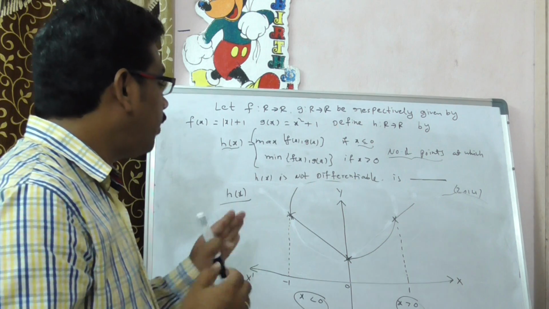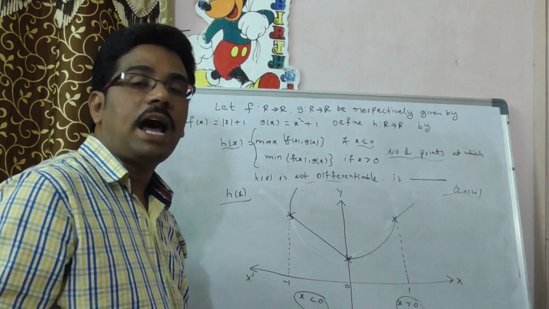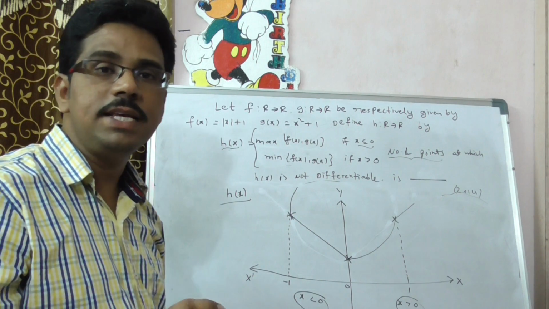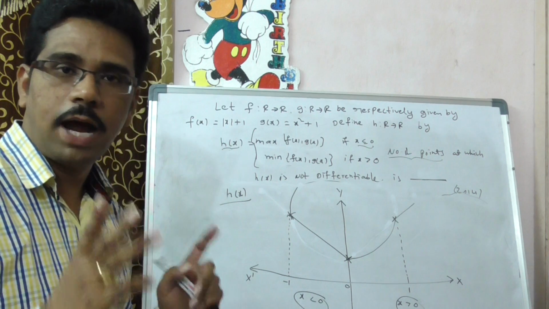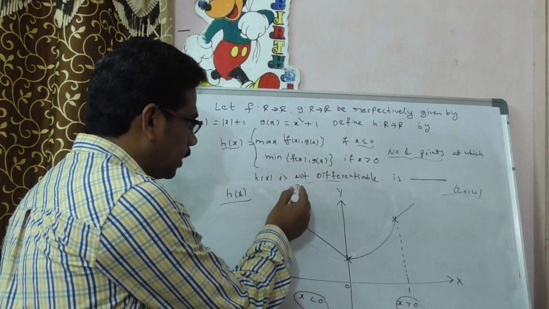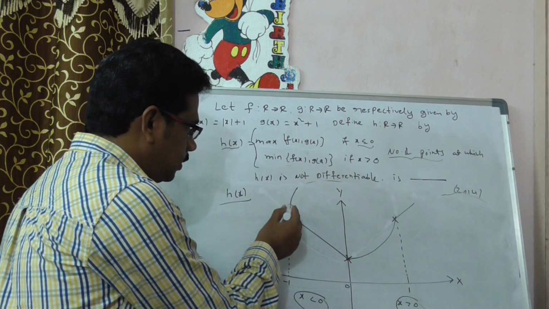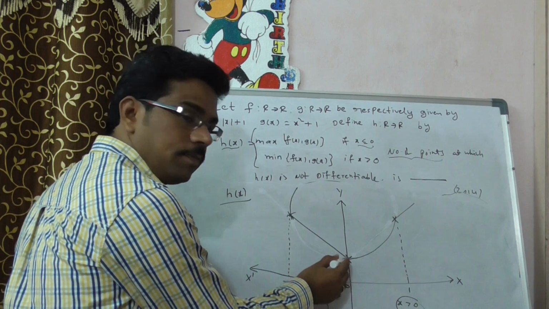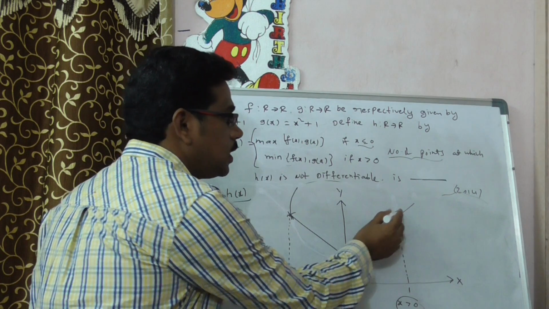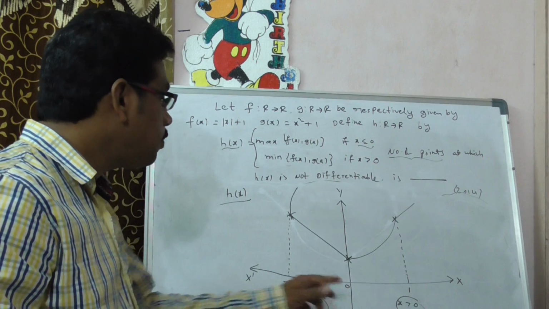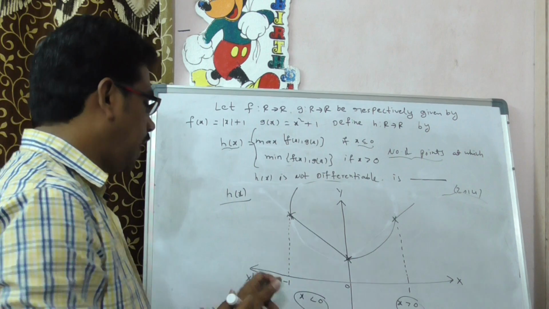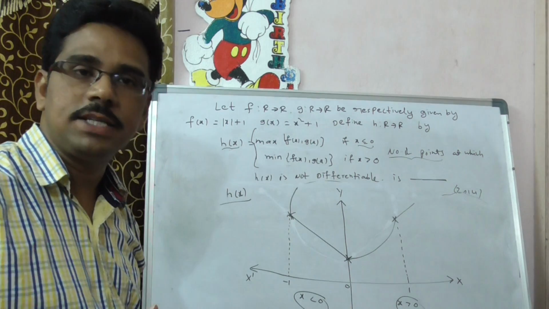That means where the curve or graph has sharp edges, at those points the given function is not differentiable. Understood? So observe here, these 3 points. This is the first point. The first curve is like this, after this it changes its shape. Again at this point it changes shape. Again at this point it changes shape. At these 3 points the graph changes its shape. Therefore, at these 3 points h of x is not differentiable.